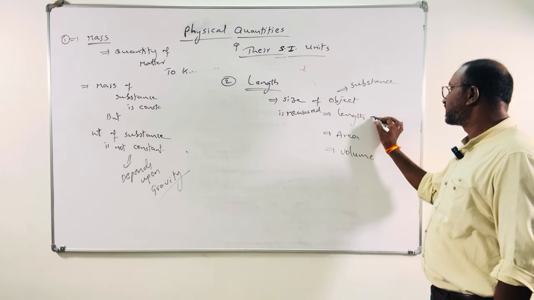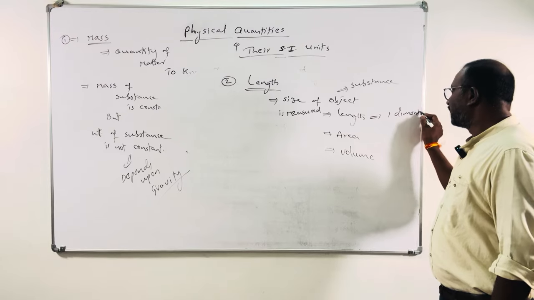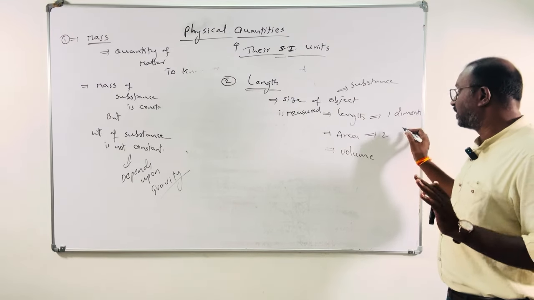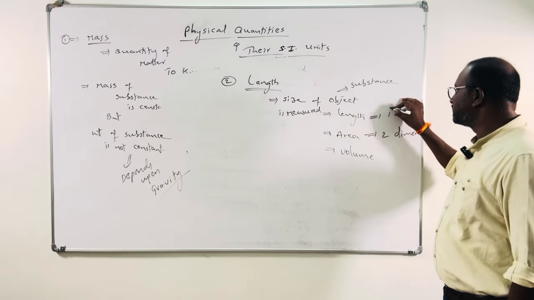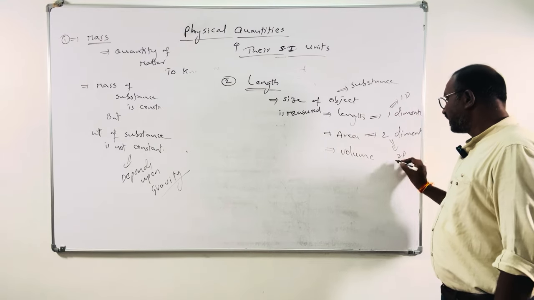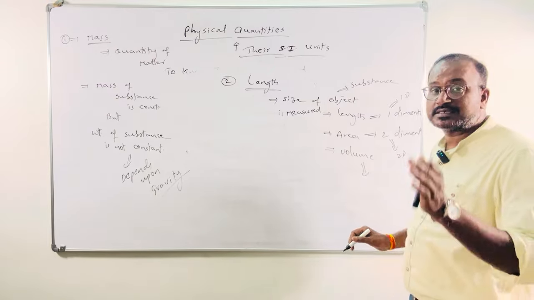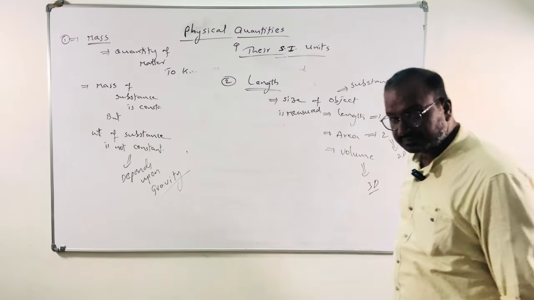Length is the size of an object in one dimension. Area is the size of the object in two dimensions, that is 1D, this is 2D, and volume is nothing but the size of an object or substance in three dimensions.